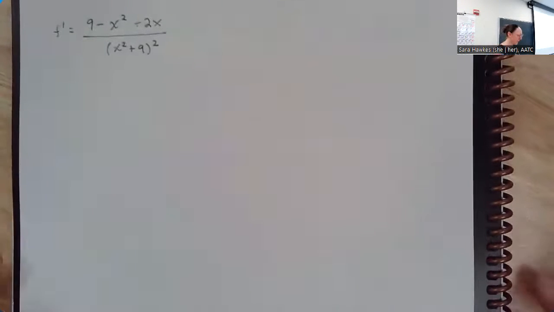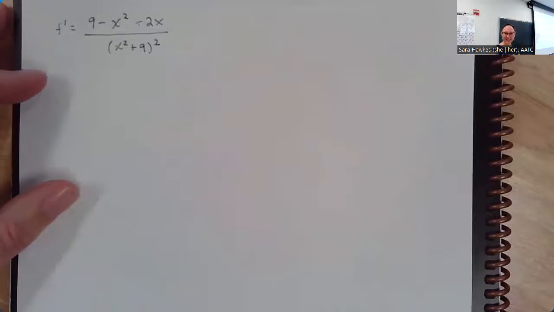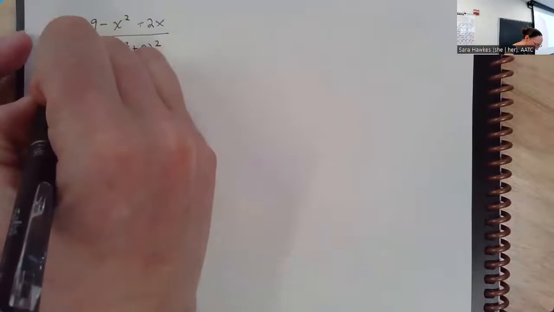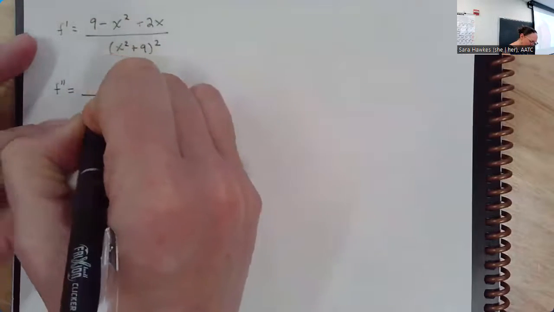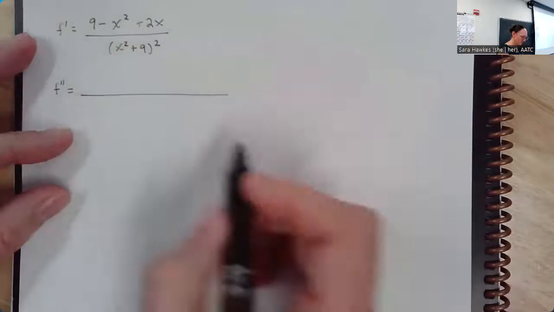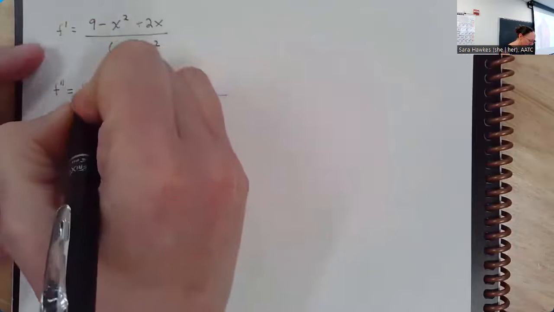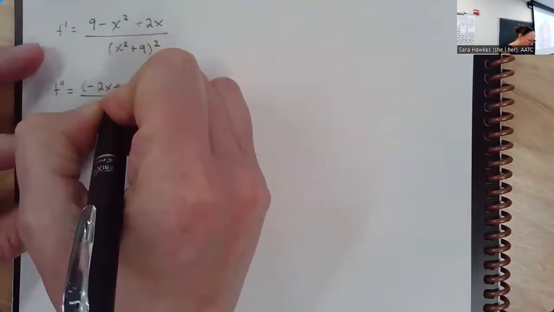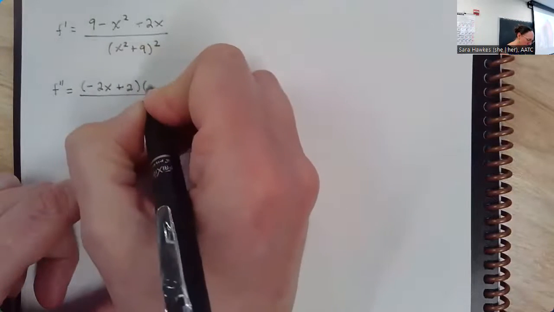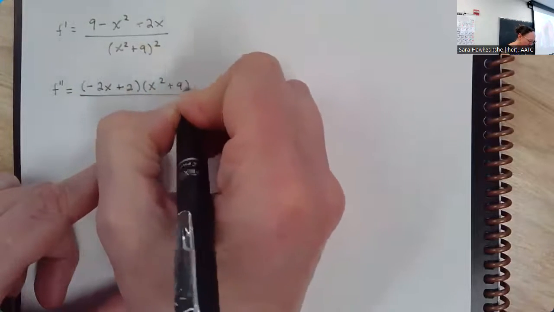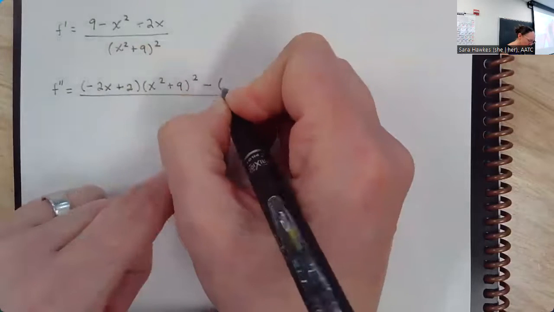Okay. So if I need to find the second derivative, got another quotient rule going on. Derivative of the top looks like -2x plus 2. Leave the bottom alone. Leave the top alone.